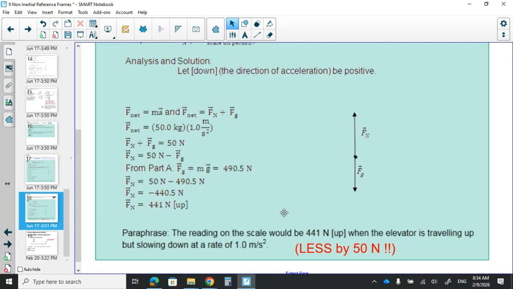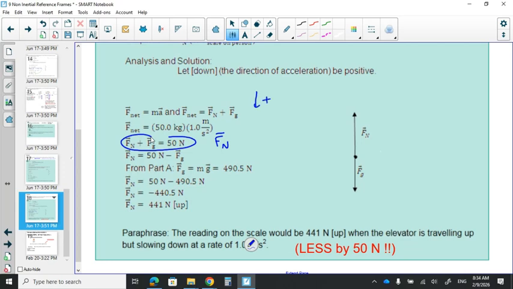So at this stage, we just would have the normal force that we want to know, and we'd have the gravity in. Now they said let down be positive, so that's going to go in as a positive 490.5, and then we have this net force down.